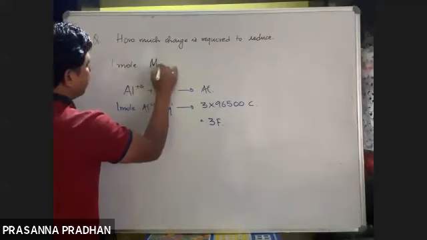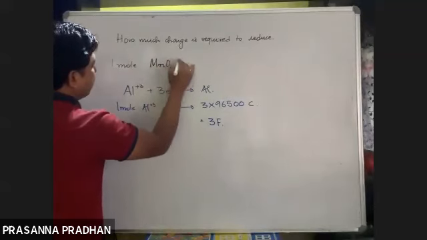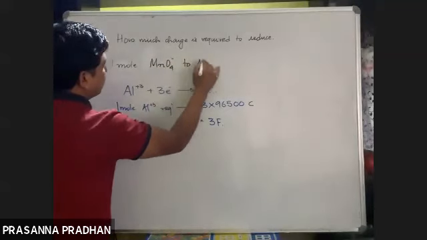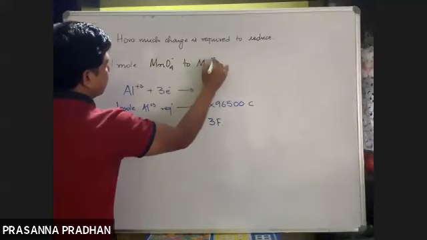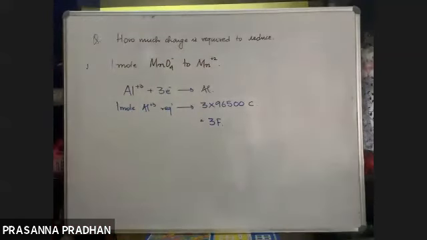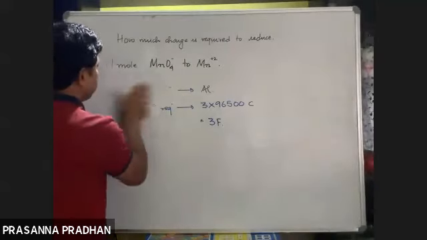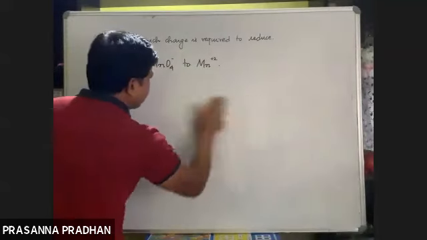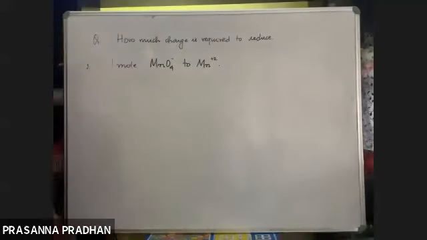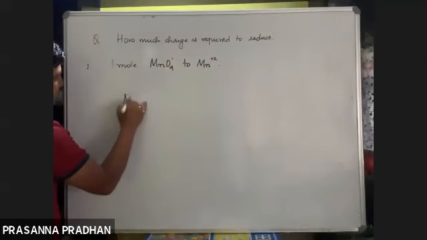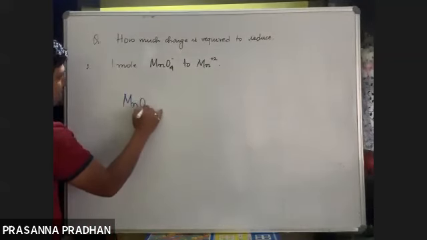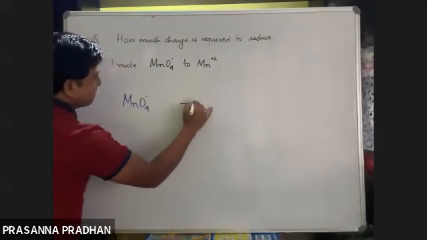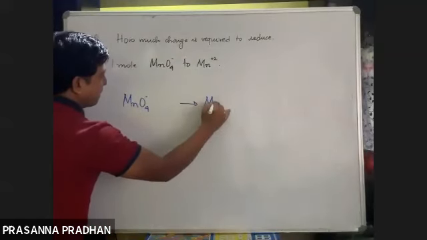1 mole of MnO4 negative to Mn dipositive. How many moles of electrons are required for the reduction of MnO4 negative to Mn dipositive? MnO4 negative is getting reduced to Mn dipositive.